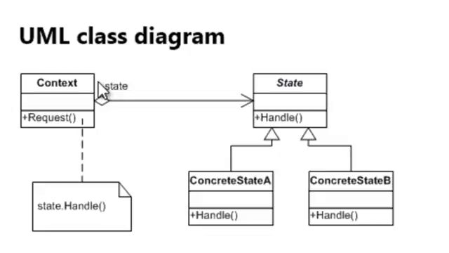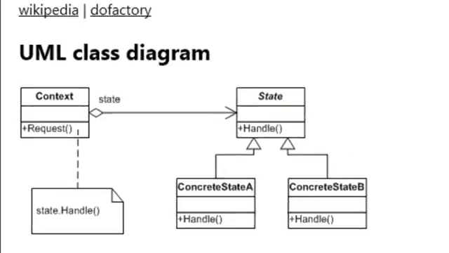Especially if you add states or add several methods, and all these methods depend on the current state of the object. So instead of handling the request itself, we just forward the request to the current state object, and that current state object will handle the specific request.